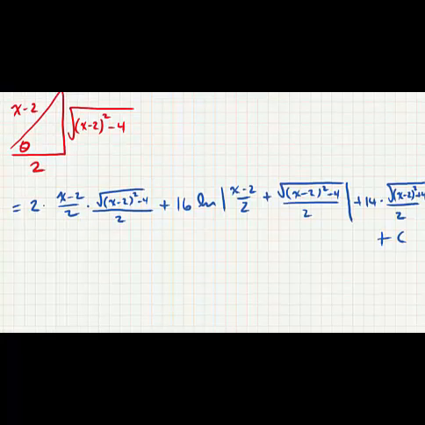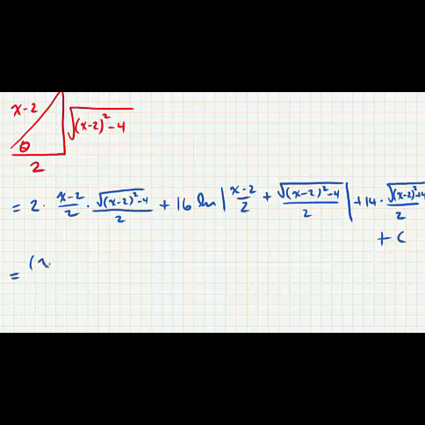Let's go ahead and simplify. So we will have x minus 2 times the square root of, we can square this out and simplify what's in here a little bit. We'll end up with x squared minus 4x plus 4 minus 4, so those cancel, and this is all divided by 2. And then here, we're going to use a log trick. This denominator is the same, so we can separate this into log of the numerator minus log of the denominator.